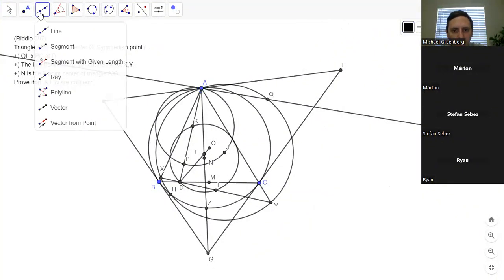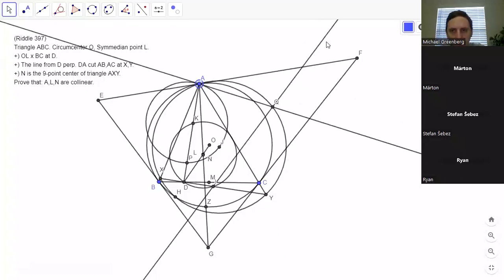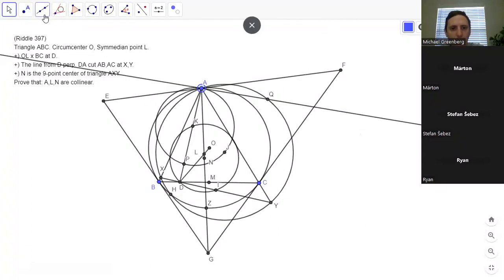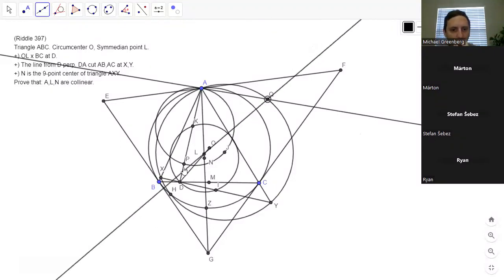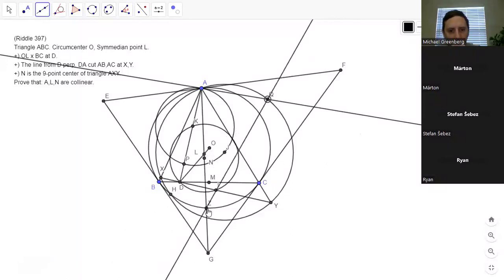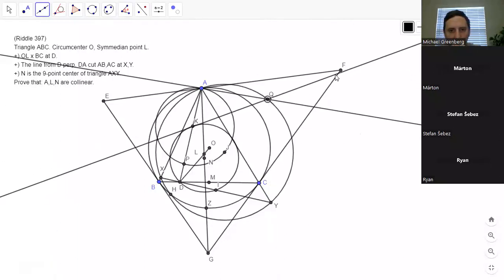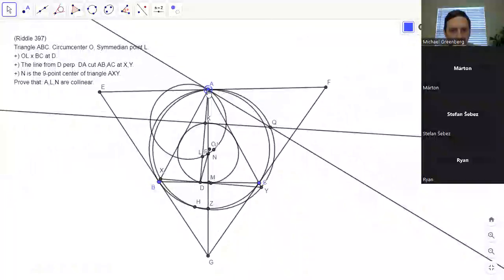And then Q, I, and Z, I don't think those are really collinear. Is QK tangent to that circle?